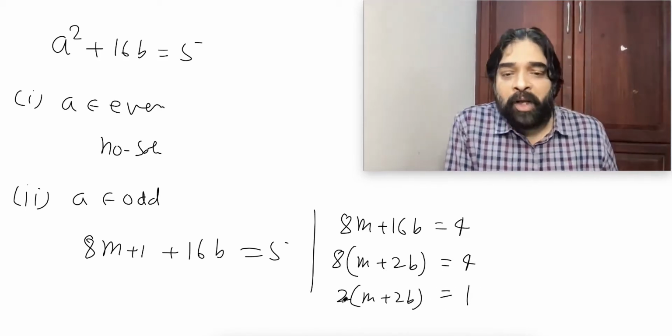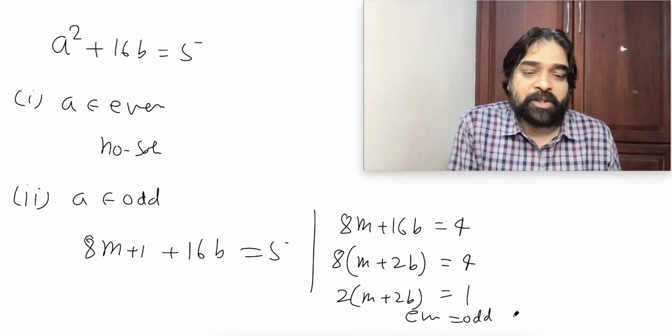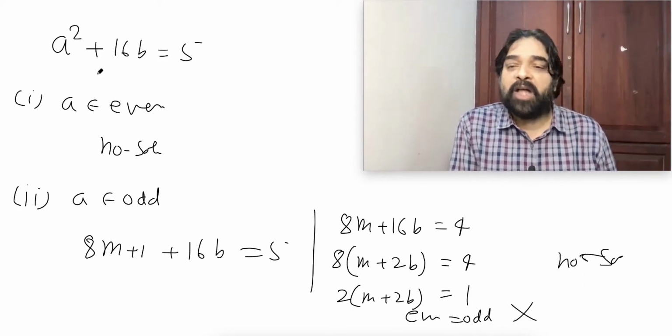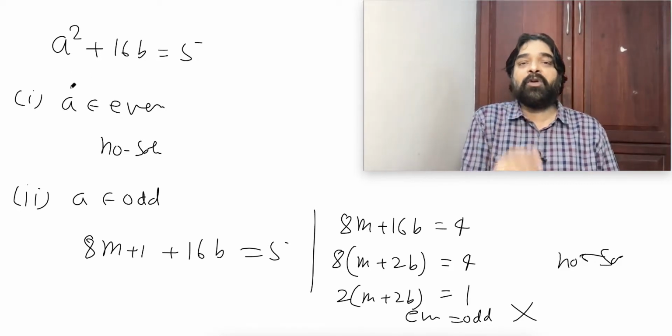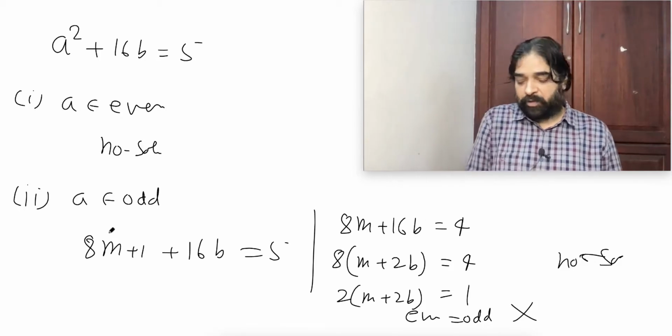Yes or no? 2 into some integer is even, and this is always odd. Even equal to odd? Impossible. So no solution here also. It means this equation does not have a solution for an even value of A as well as an odd value of A. So this equation does not have a solution.